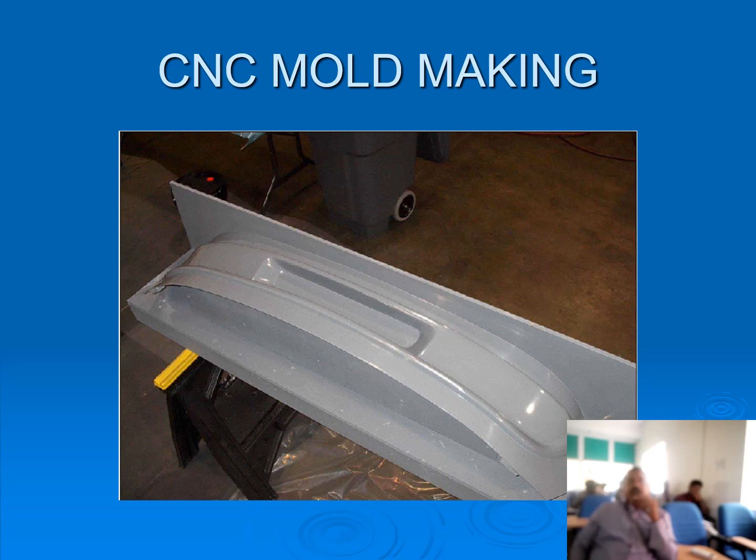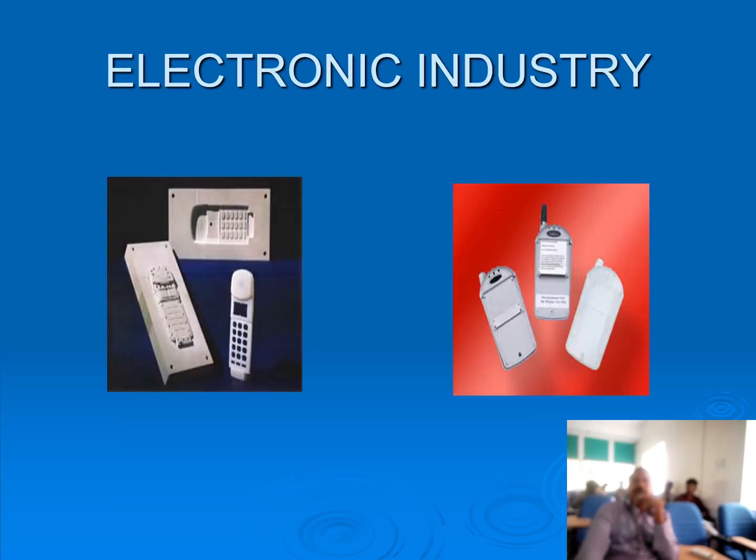And in this picture, you can see how CNC mold making is done. Not only in the automotive or aerospace industry, but in the electronics industry also, CNC technology is used for manufacturing this kind of components.